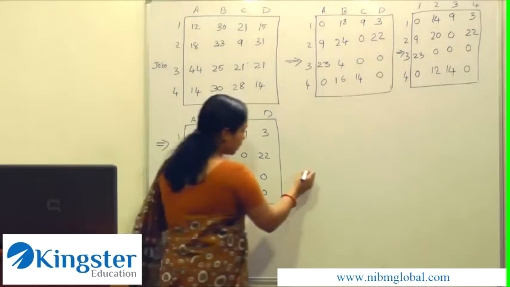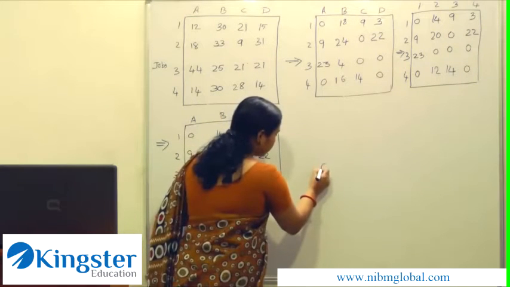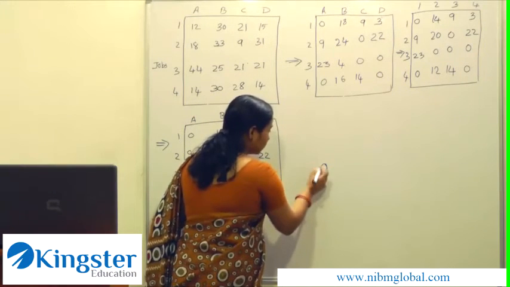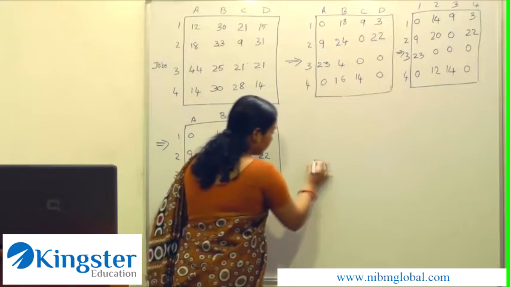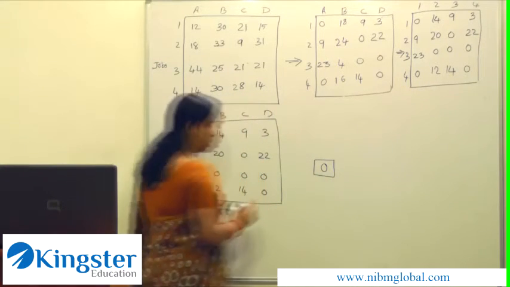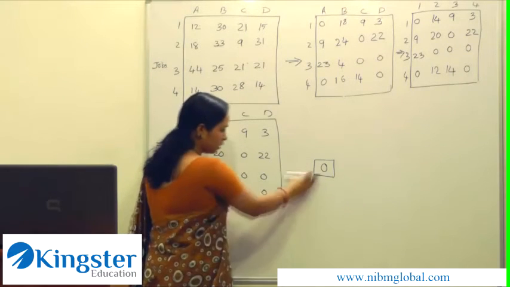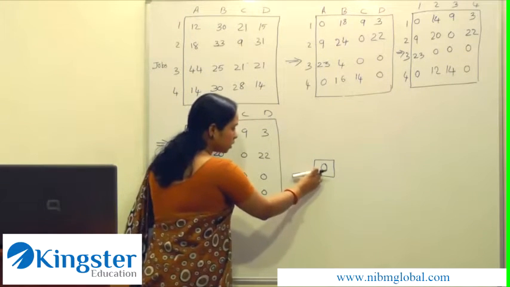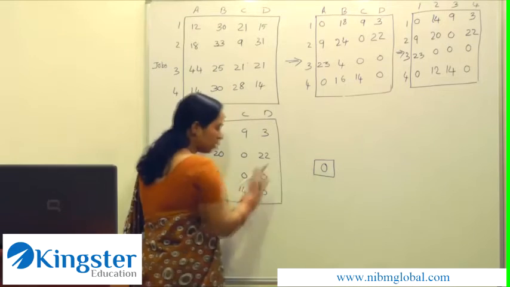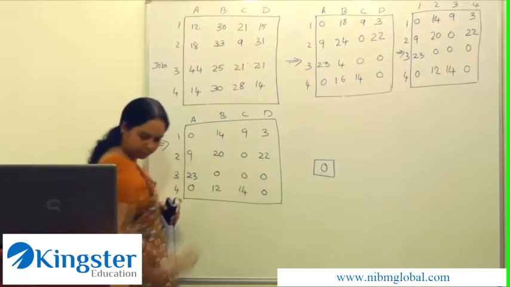Usually assignments are given by encircling that 0 within a square or rectangle. This means that this position is assigned to the corresponding person or job.